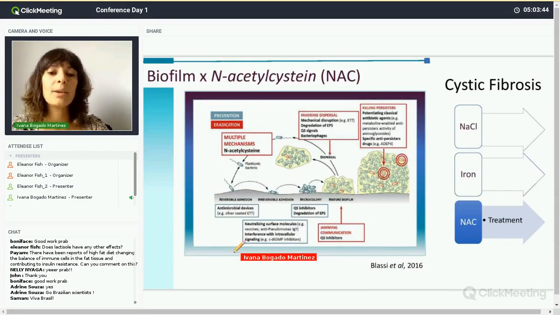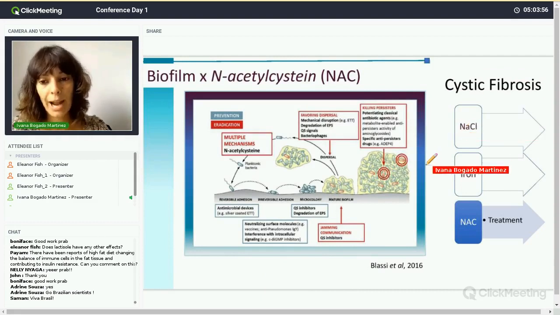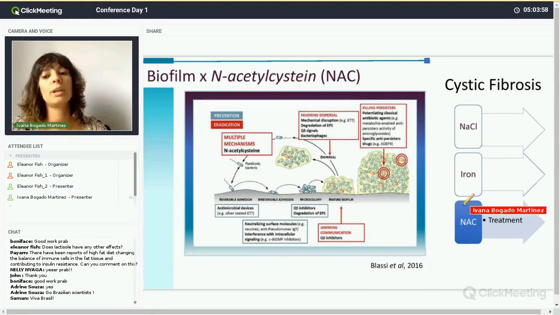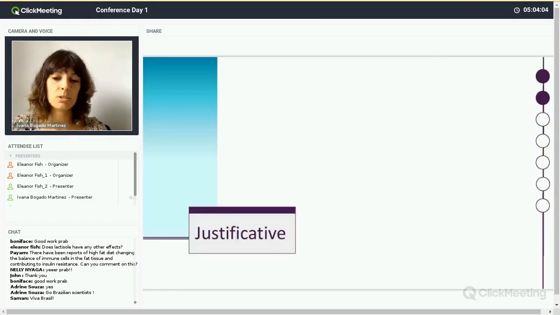That's why we are looking into this substance, trying to improve the treatment of this disease. So we are going to study factors associated with sodium chloride and iron. We are going to look into the effect of N-acetylcysteine on the virulence of this organism.